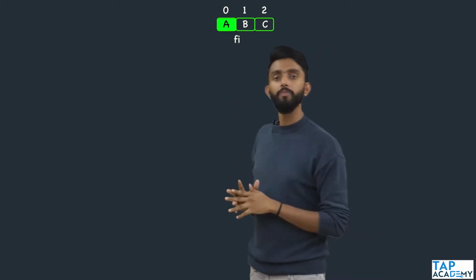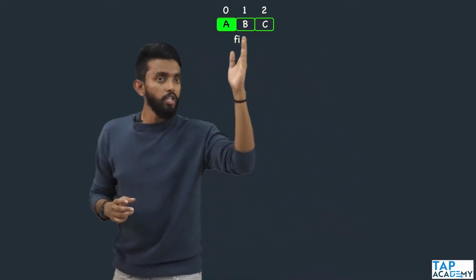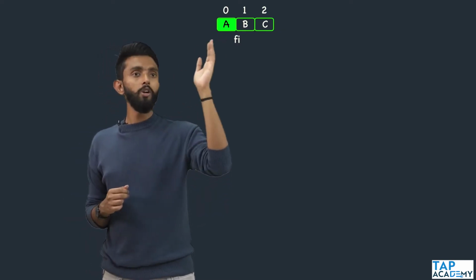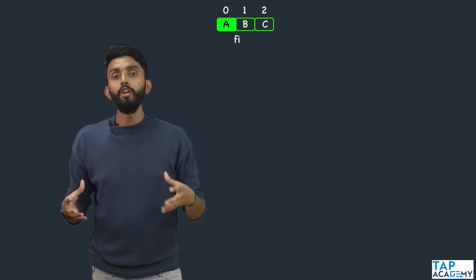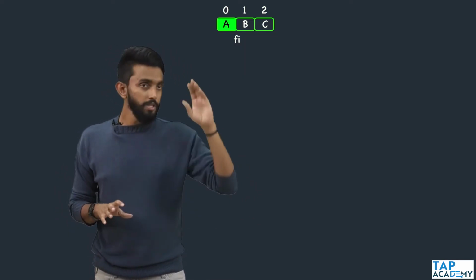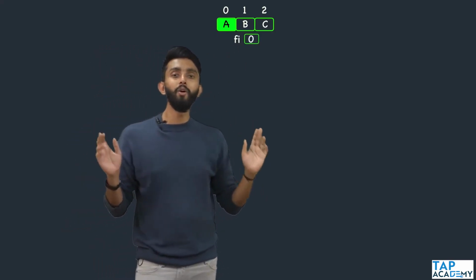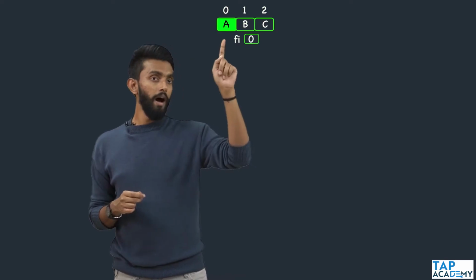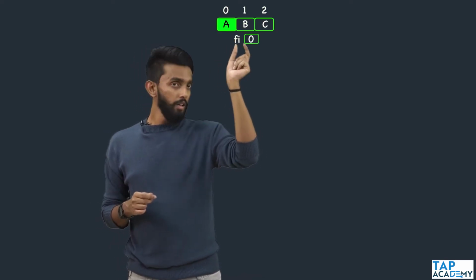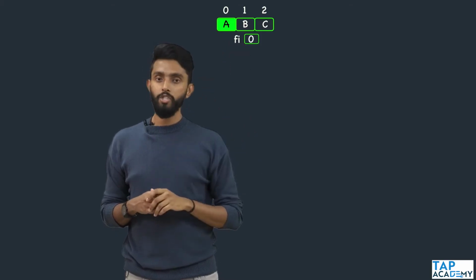Fi stands for what? Fixed index. Any confusion till here? And the initial value of fixed index is going to be the index of the first character, and because of zero based indexing in our programs it is going to be 0 initially. I hope you're able to think. So see, I'm marking that in green color. Now that is fixed. I hope you're able to think.